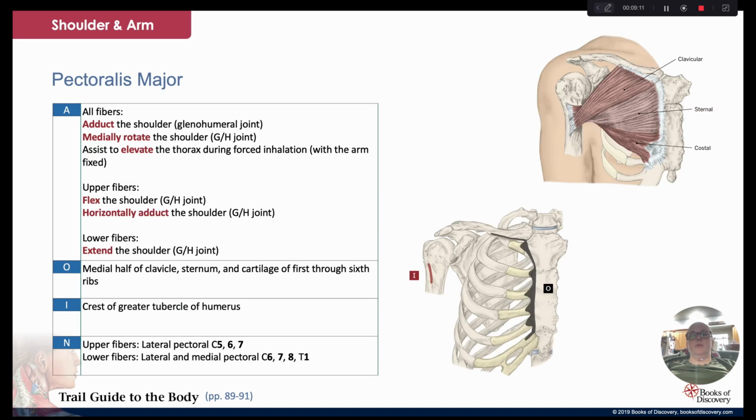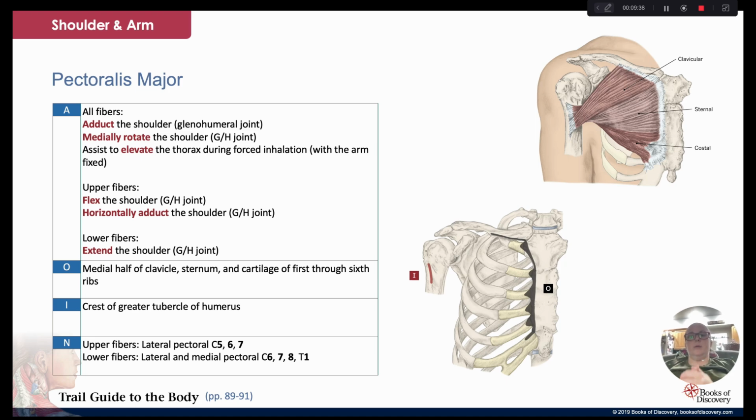Pectoralis major. Remember when I said there's a major, there's typically a minor, right? So let's talk about the pec major. There's going to be different fibers as well. We're going to talk about the upper and the lower fibers of the pec major. So the upper fibers, closer to the higher part of the muscle, are going to adduct the shoulder.